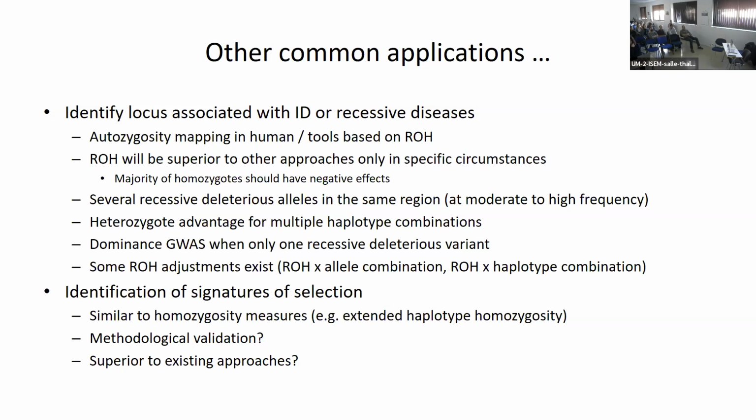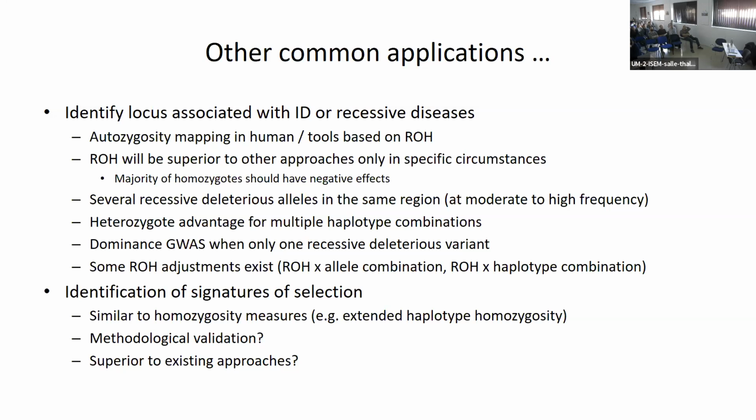But people should be careful, because that method will be superior to other approaches only in very specific cases, for instance, multiple deleterious alleles in the same region, or when all the homozygosity is deleterious. If you have just one single deleterious allele, it's better to do a scan for recessive effects, for dominance effects.